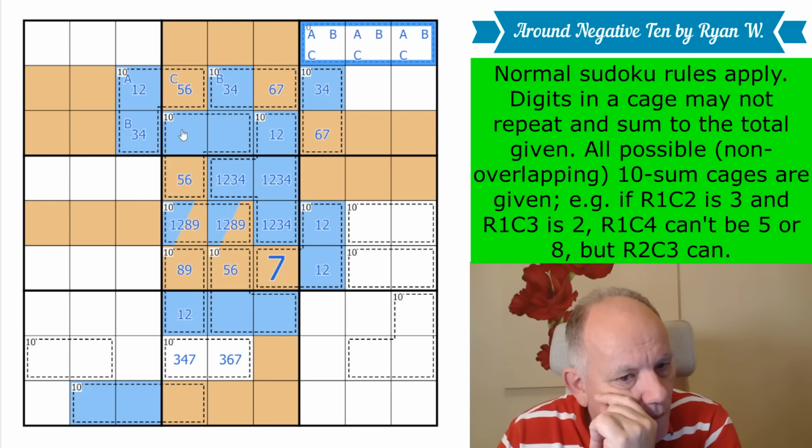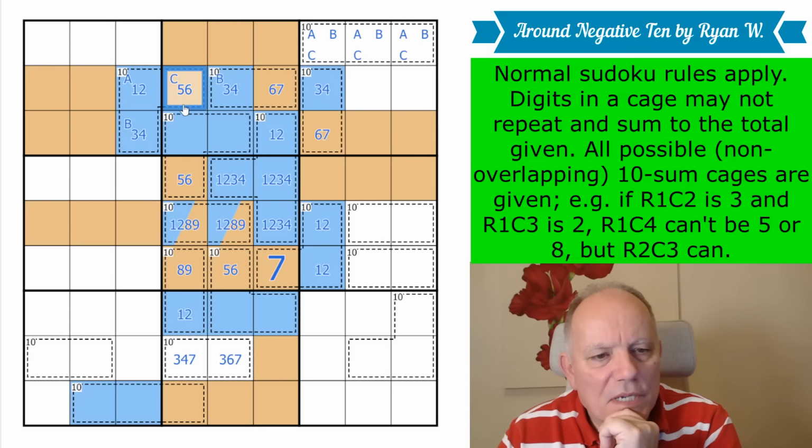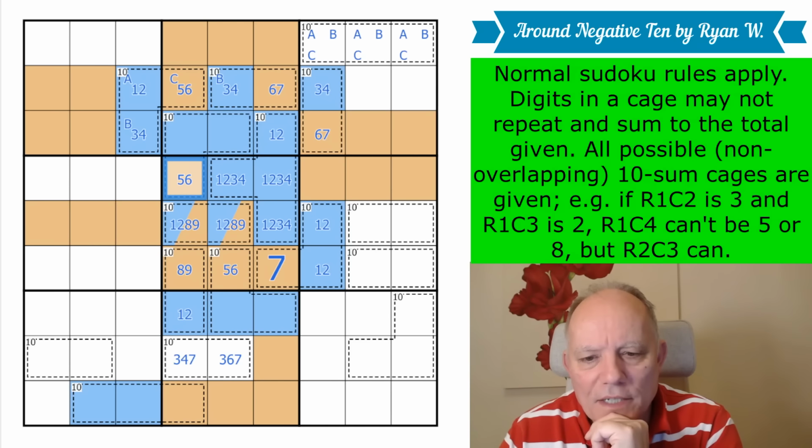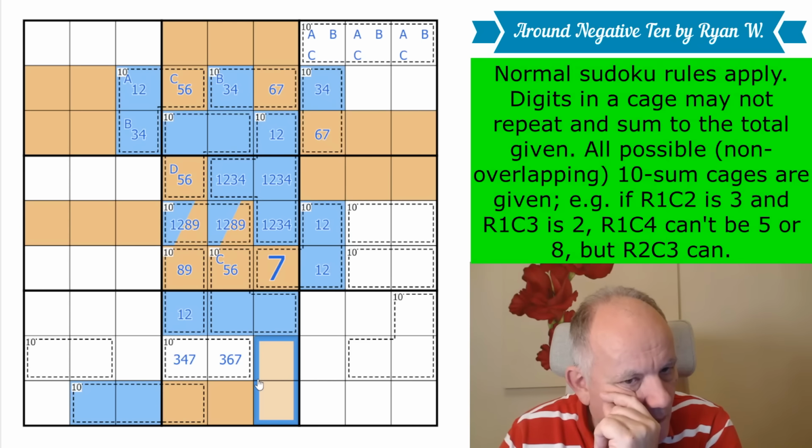Now, what do I know here or with this? Oh, well, look, C is one of 5 or 6. Let's call this other one D. This must be C. It's in the same box as D. So then C is going to be in one of these cells.